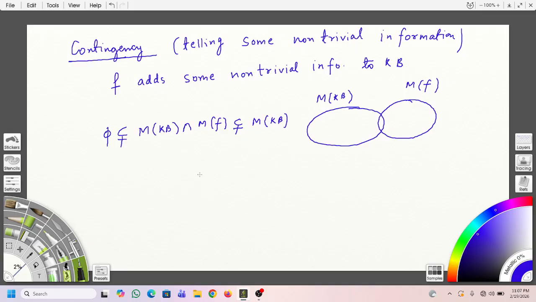So something that we didn't know here gets added to the KB.